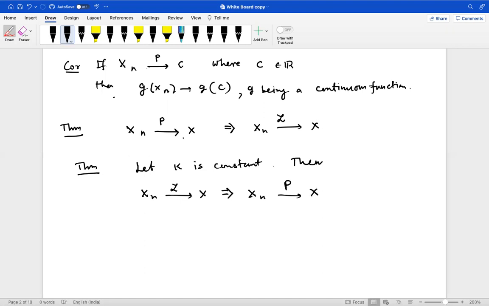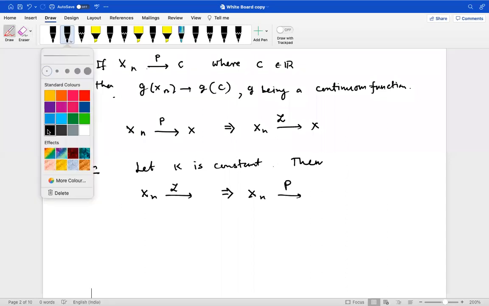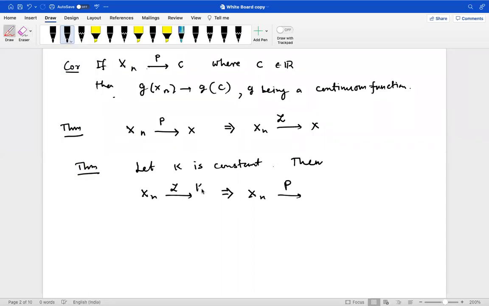If Xn tends to X in probability, then it implies that Xn tends to X in law. And the converse is also true if it is k, sorry, it's not X, it is k. So if it is just a constant, then the converse is also true. This proof is also left as an exercise.